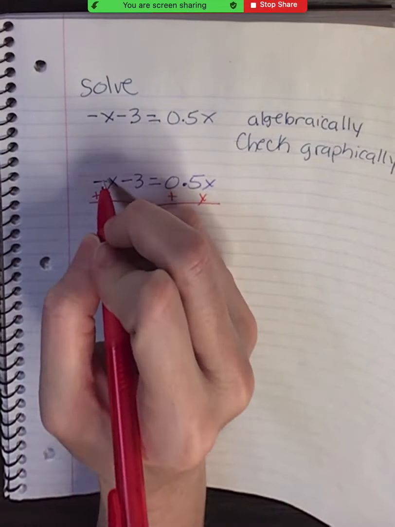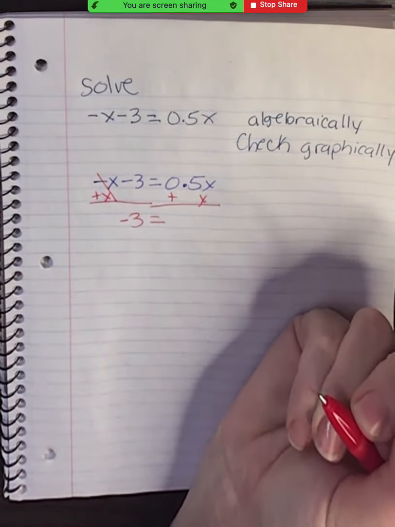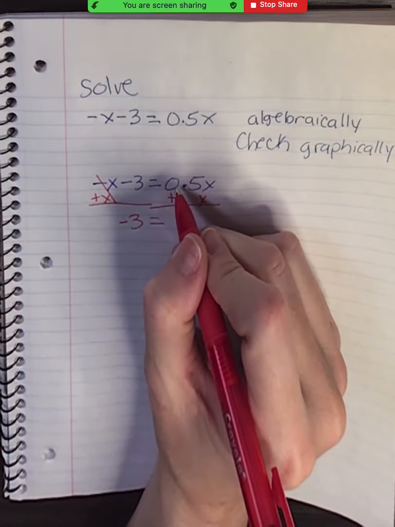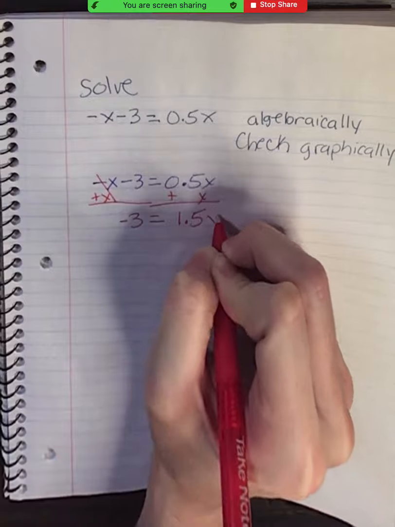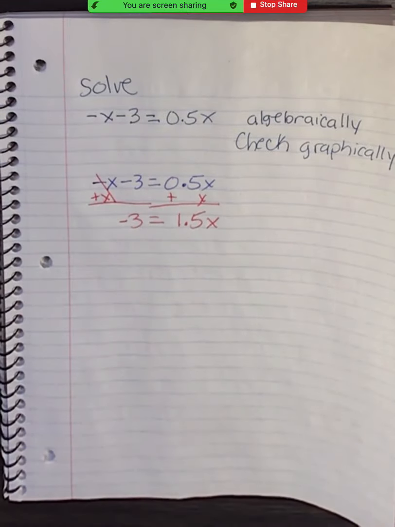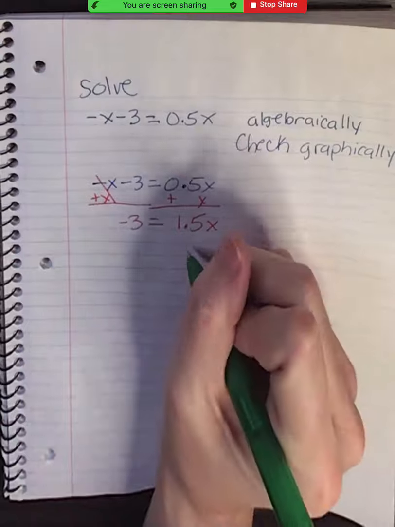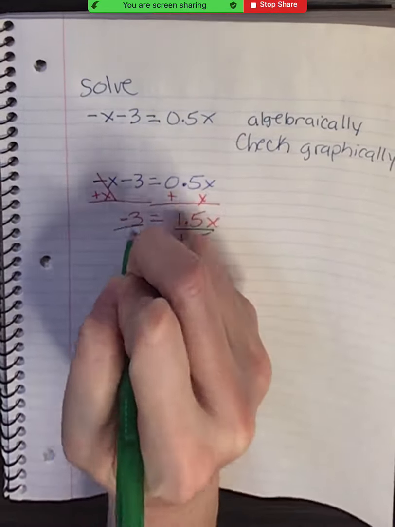So negative x plus x cancels. That's how you get negative 3 on the left. And then 0.5x plus x would be 1.5x. Then you need single x by itself, so I'm going to divide both sides by 1.5.